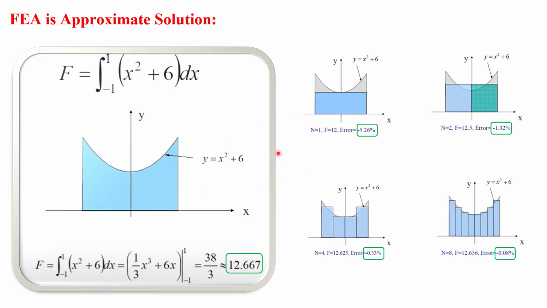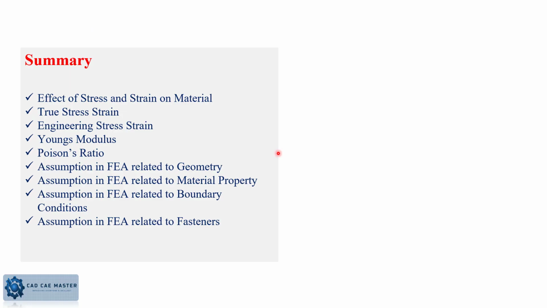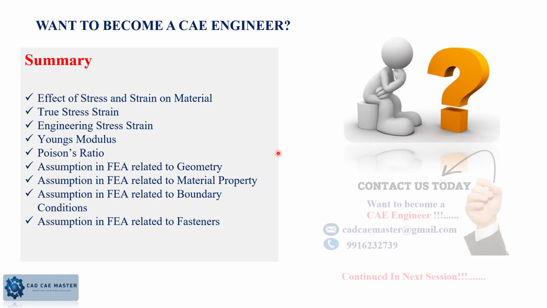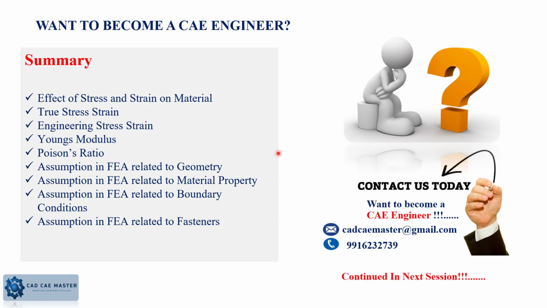Well, I think that's all from this session. I hope we have gone through most of the things. We had seen how the stress will behave for different materials, then day 2 stress strain, engineering stress strain, modulus, Poisson's ratio, assumptions related to geometry, material, boundary, as well as the fasteners.